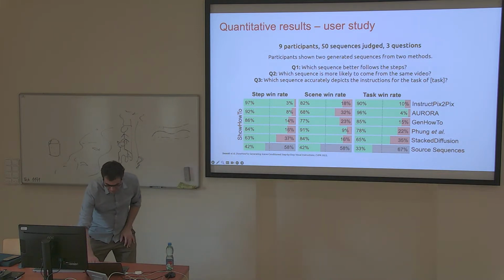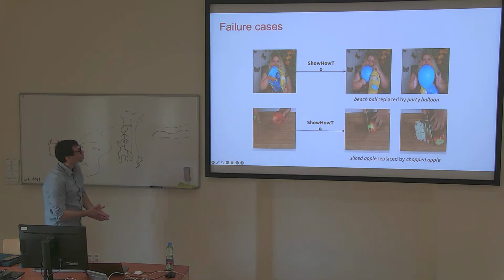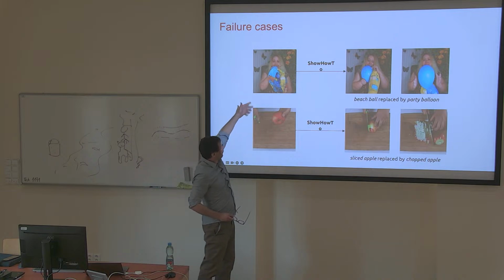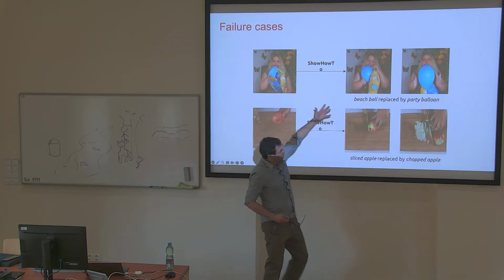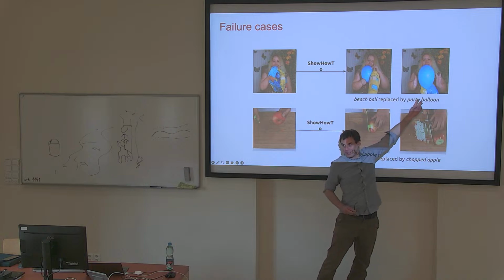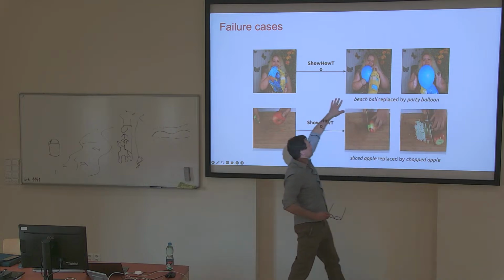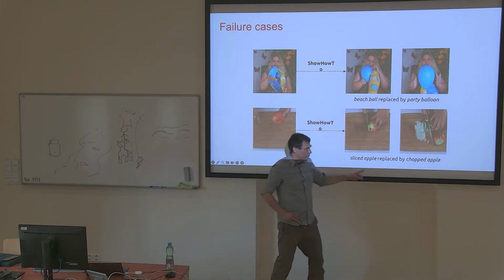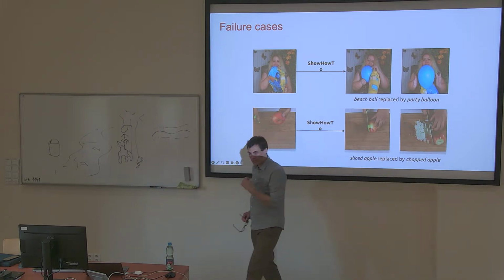And some failure cases. Some things are hard. This is an example of blowing up a balloon. Somehow it goes to the mode. Typically in the training data balloons look like this, so it's hard to represent this balloon. I think this one is especially interesting. It says sliced apple, but in the training data, it has not seen sliced apples.